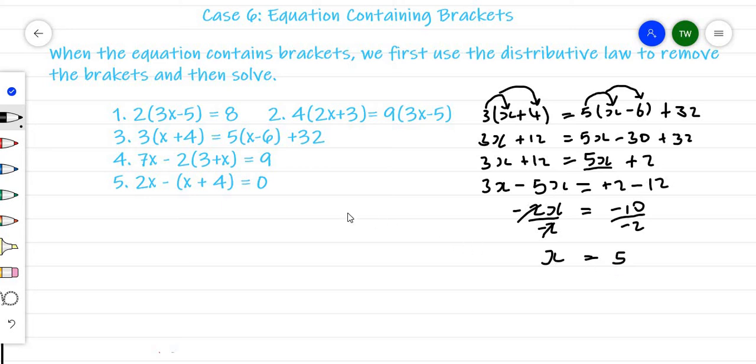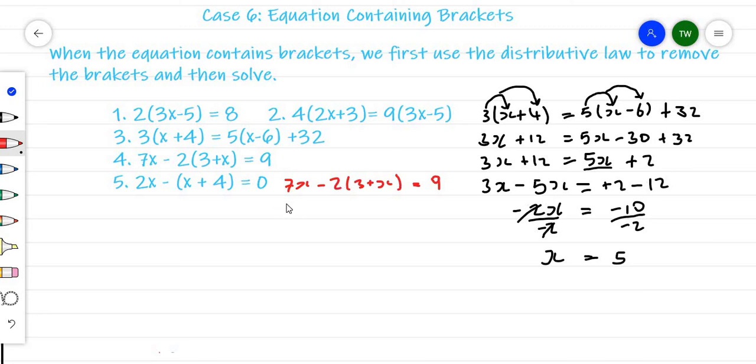Now to example 4. Example 4, I have 7x minus 2 open bracket 3 plus x equal to 9. Now I'm going to apply the distributive law to remove the bracket, right?